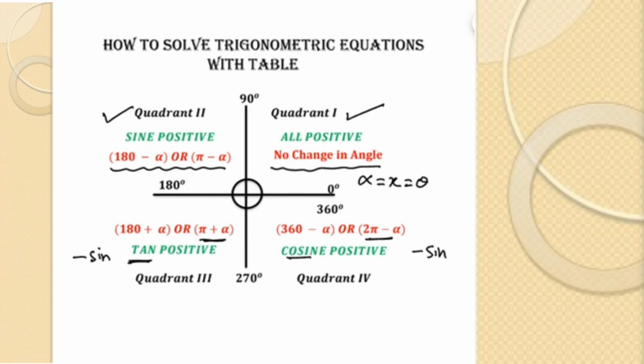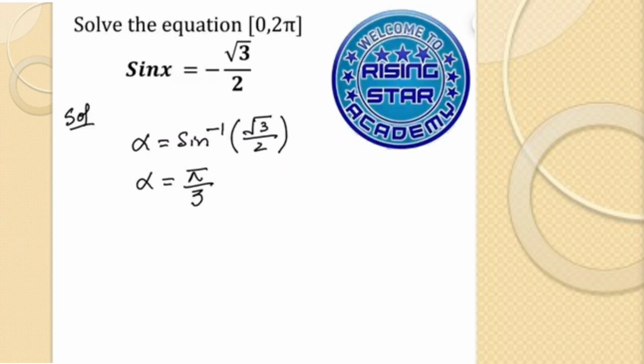Now in this question we'll write for the third quadrant, x is equal to pi plus alpha, so pi plus pi over 3. Now we will make the denominator the same.